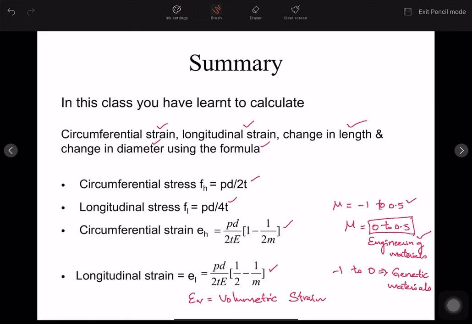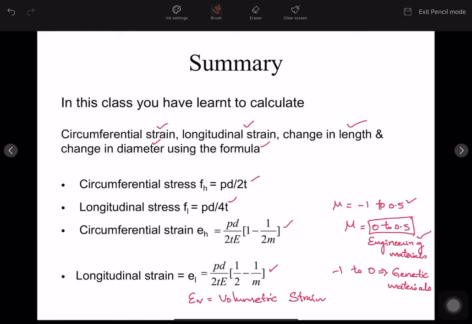There is a lot of research going on into engineering materials or other materials having negative values, from -1 to 0, and their applications in engineering.